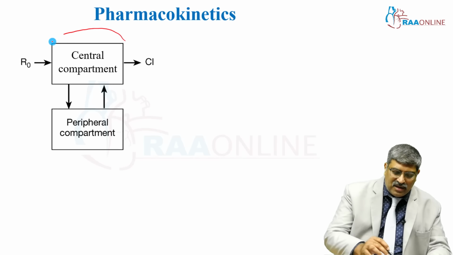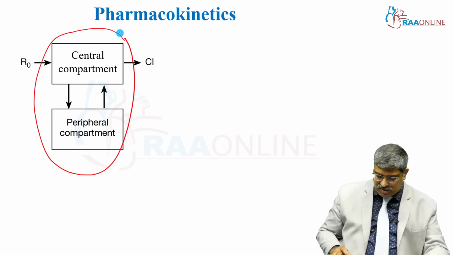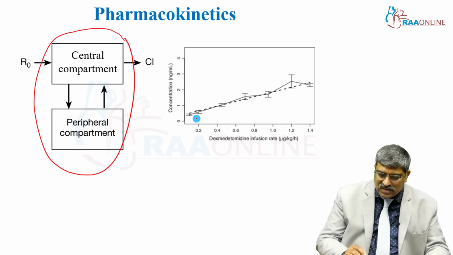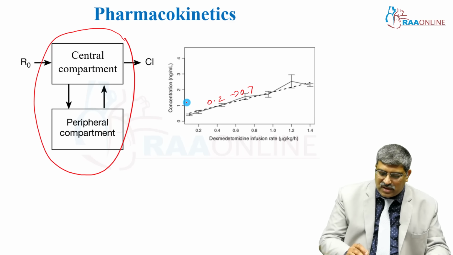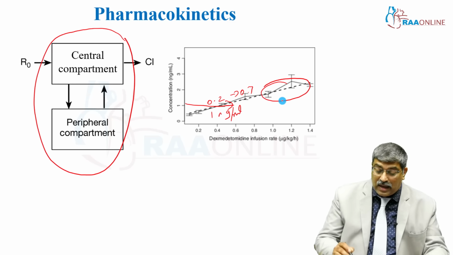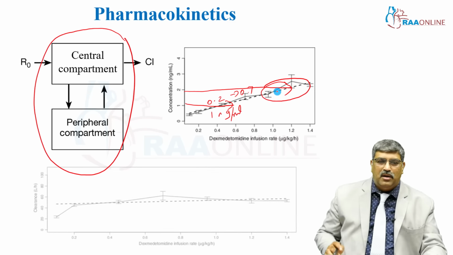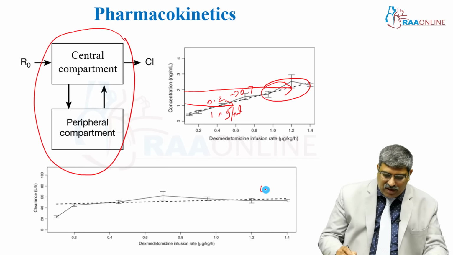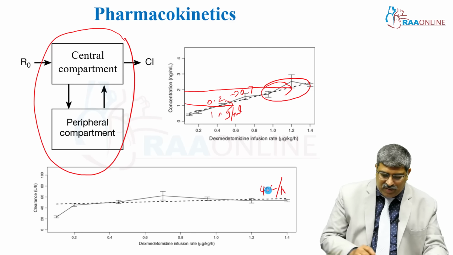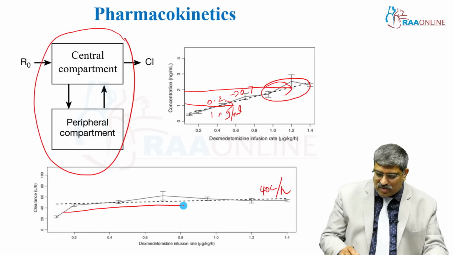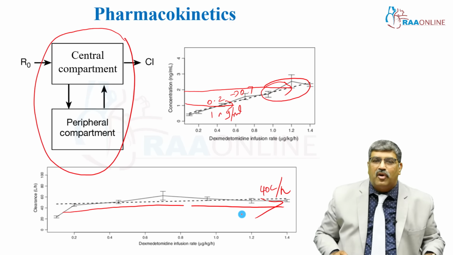This volume of distribution varies widely in critically ill patients. As I said earlier, it is a two compartment distribution, and here you can see in the usual dose of 0.2 to 0.7, the concentration is roughly around 1 nanogram per ml. As the infusion increases to 1 to 1.2 microgram per kilogram per hour, the concentration increases to 2 nanogram per ml, and the clearance is roughly around 40 liters per hour, and with increasing dose it is almost the same, 40 liters per hour.